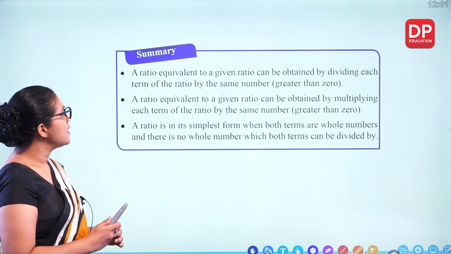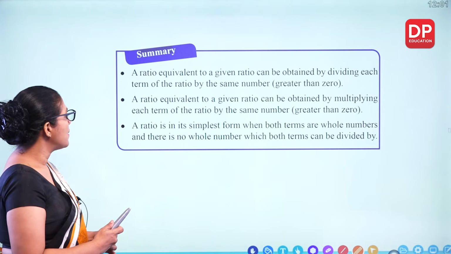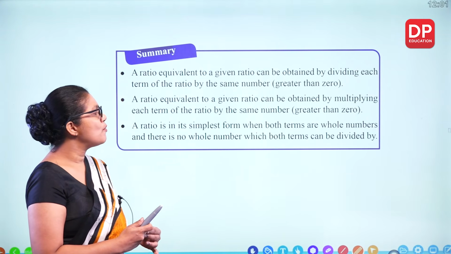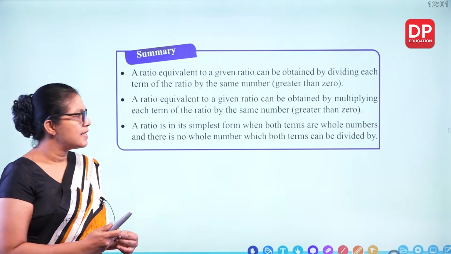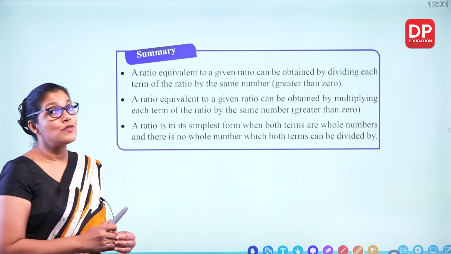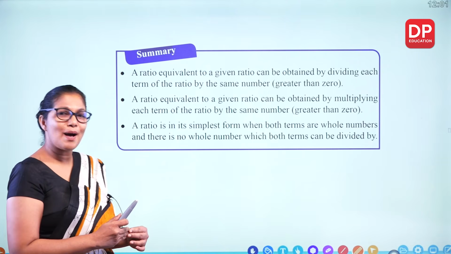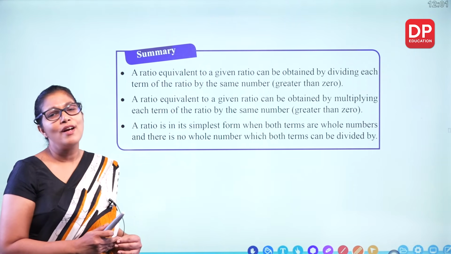A ratio is in its simplest form when both terms are whole numbers and there is no whole number which both terms can be divided by. So you know what's the difference between rate and ratio now. So practice all examples and exercises in your textbook.